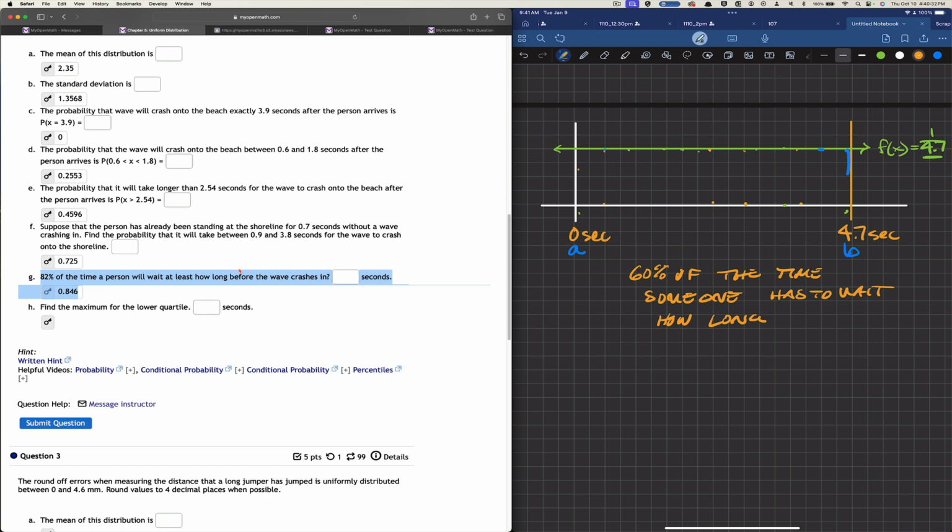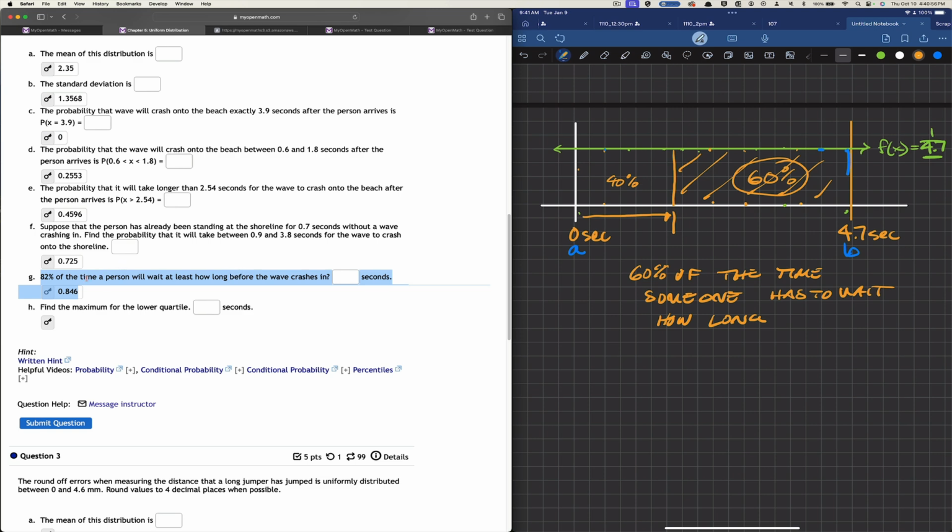We're talking about a line that's to the left here because this area is the 60%. Okay? This is the 60%. 60% of the time, someone has to wait how long? Well, they have to wait this long, and that's 60% of the people. This 40%, they are actually hearing the crash before those other 60%.